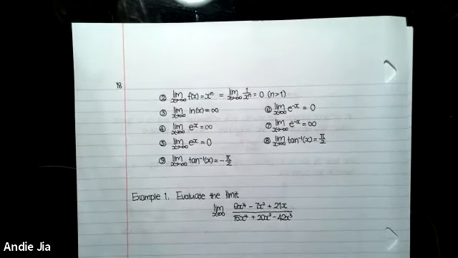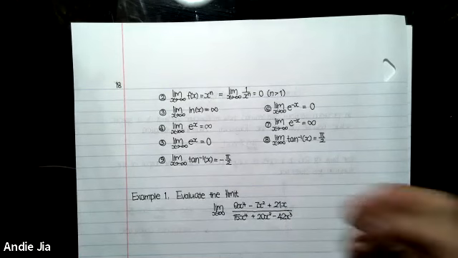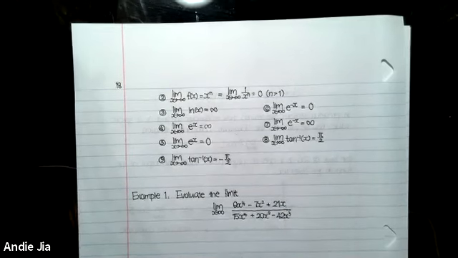Now, what's your observation? The highest power is 4, right? Both the numerator and denominator have a highest power of 4.